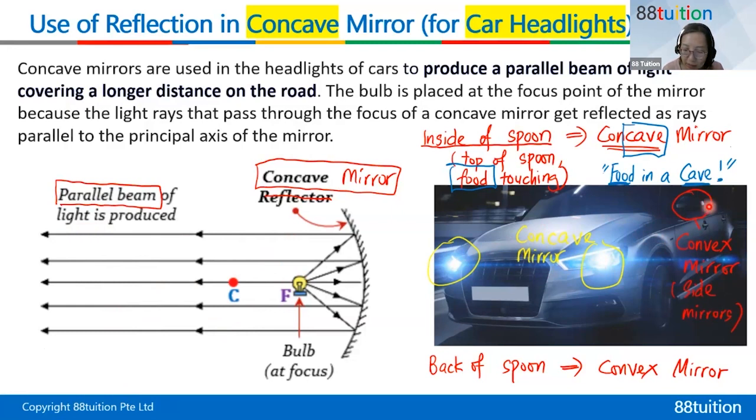The two side mirrors use convex mirrors. Let me put it in red. This is another side mirror. Everybody very clear on the different types of mirrors in a car. Concave mirror for the headlights, convex mirror for the side mirror or blind spot mirror.